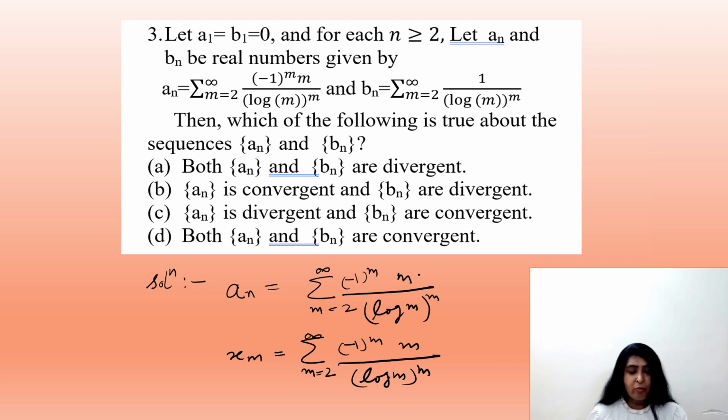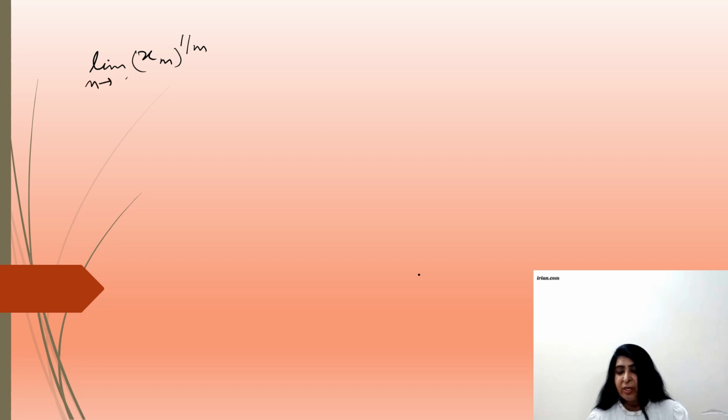So the Cauchy root test is, what will we do? We will find the limit as m approaches infinity of xm raised to power 1 by m, which is equal to the limit as m approaches infinity of (minus 1) raised to power m, and the m by m goes.